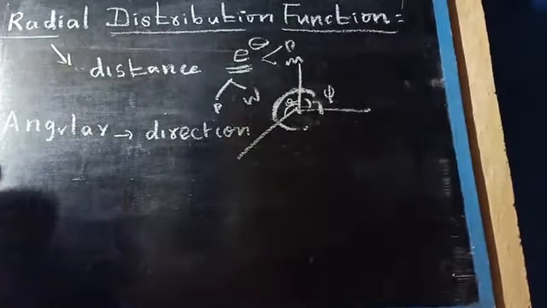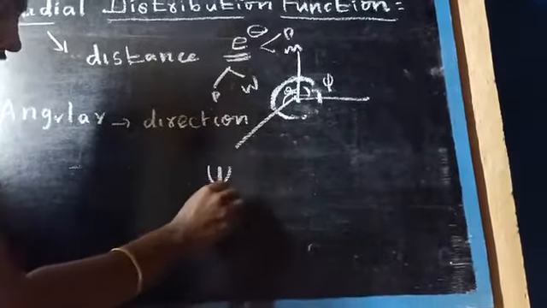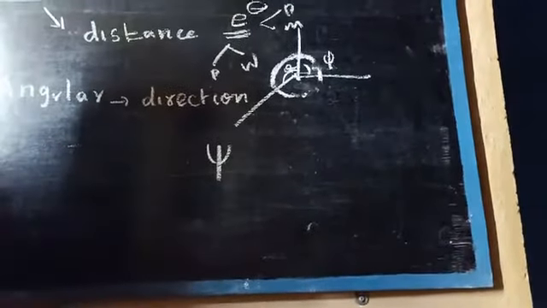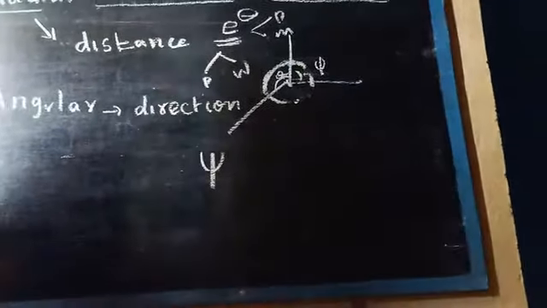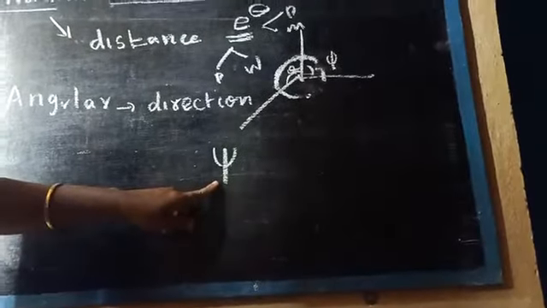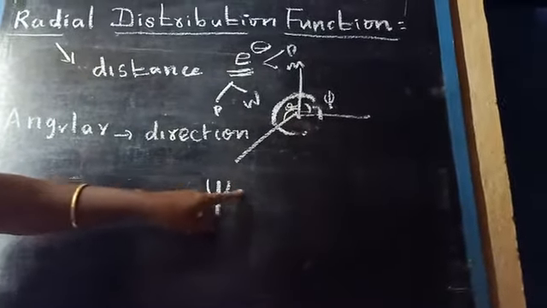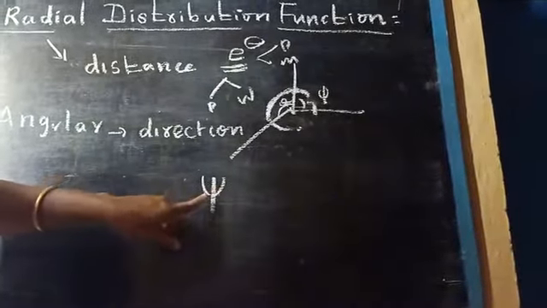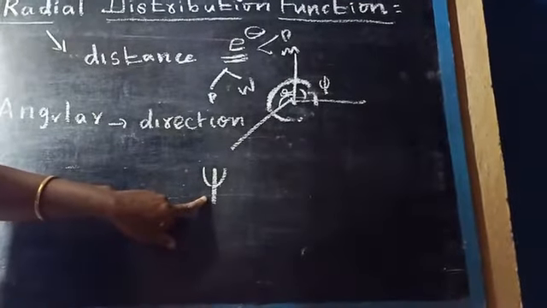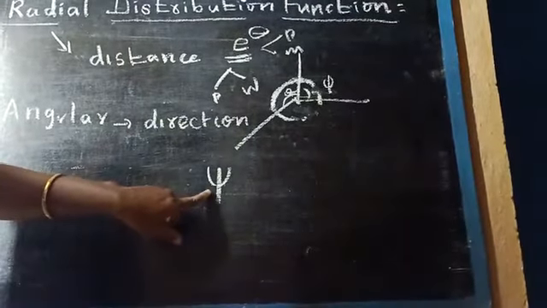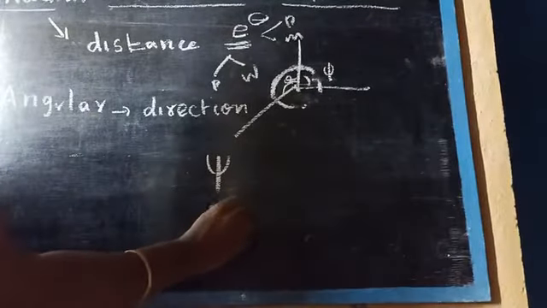In the Schrödinger wave equation, a new term psi was introduced. In the Schrödinger equation, all the terms we know except this one, which is called psi.